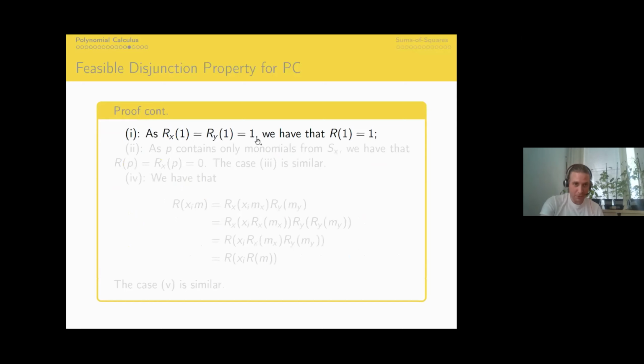So the first one is simple. Because both components map them to 0, this R must map them to 0 also.